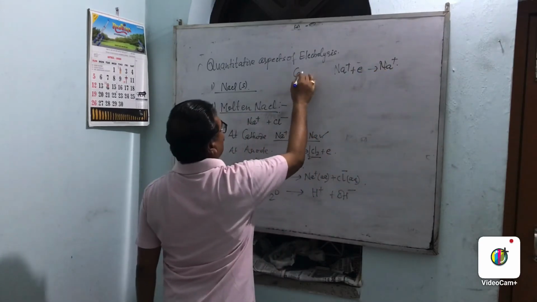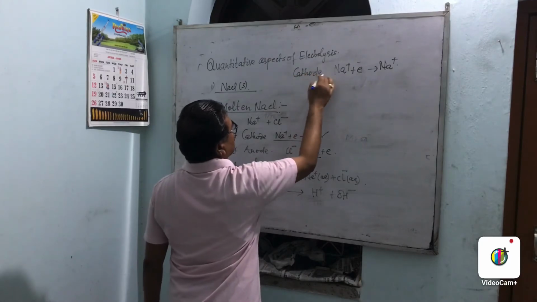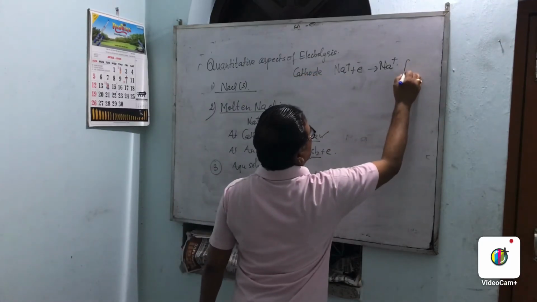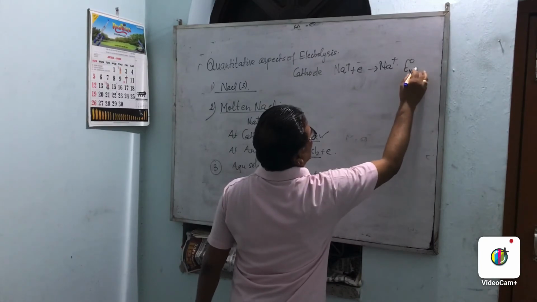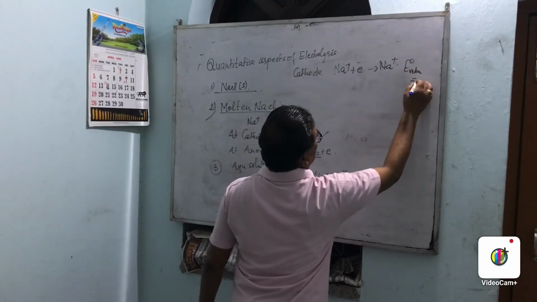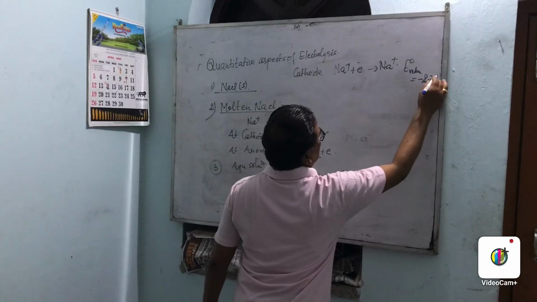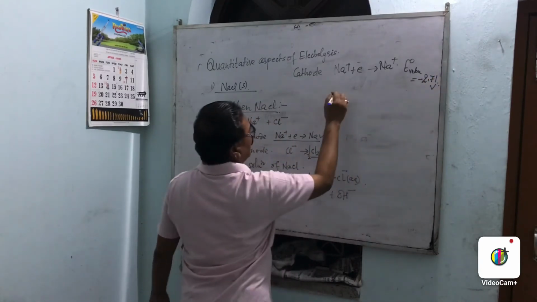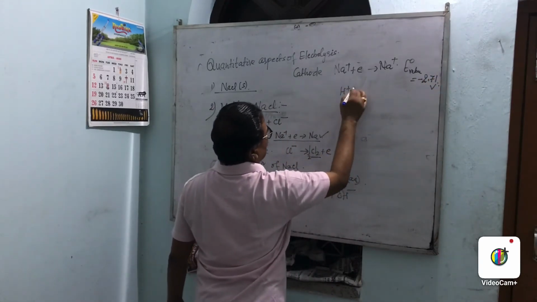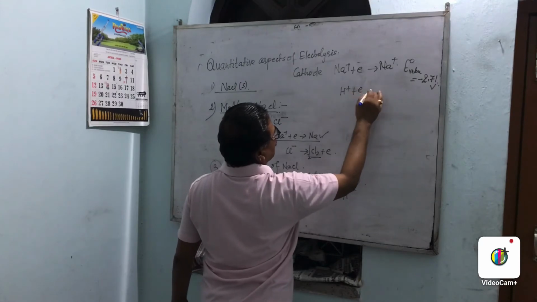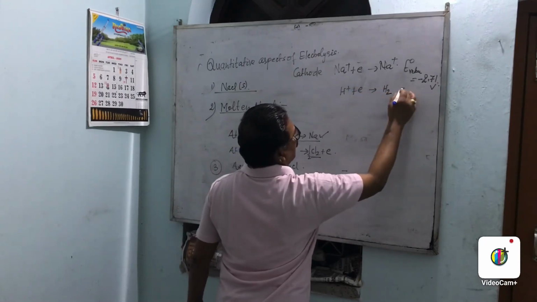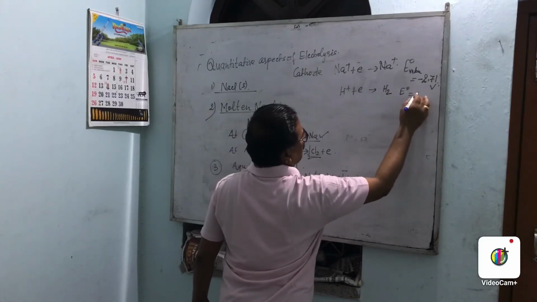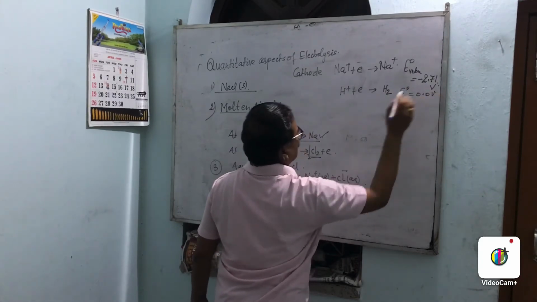This is at the cathode. Its reduction potential, because reduction is going on, is minus 2.71 volt. This other one, hydrogen from water, will deposit as H2, and this is 0.0 volt.